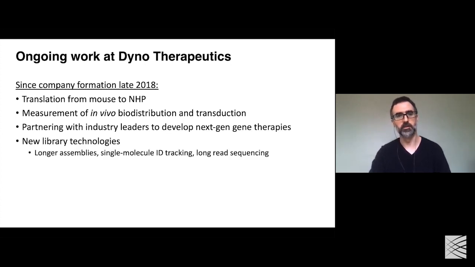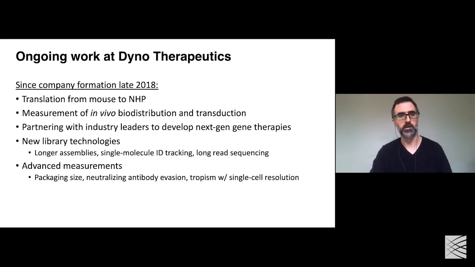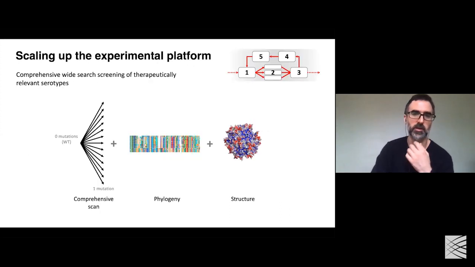So that's a great way for us to work together to increase our impact on helping gene therapy patients. We've done a lot of work developing and improving the technologies for the libraries, longer assemblies. I already alluded to this single molecule ID tracking, longer read sequencing, as well as advancing the measurements, the assays for things like packaging size, avoiding neutralizing antibodies, tropism, even with single cell resolution, and building up the computational infrastructure.